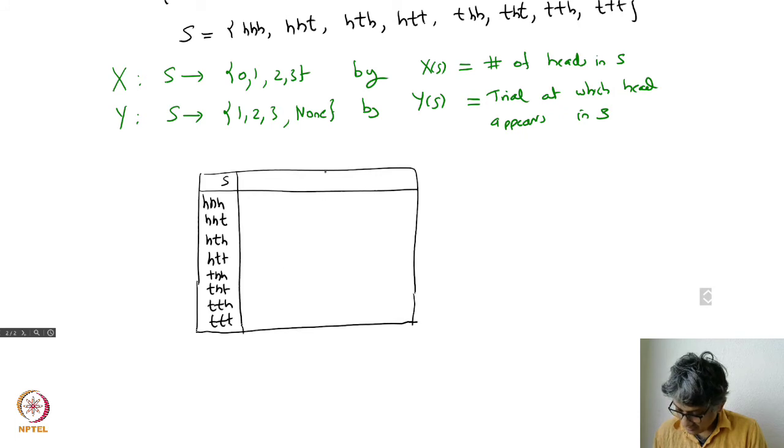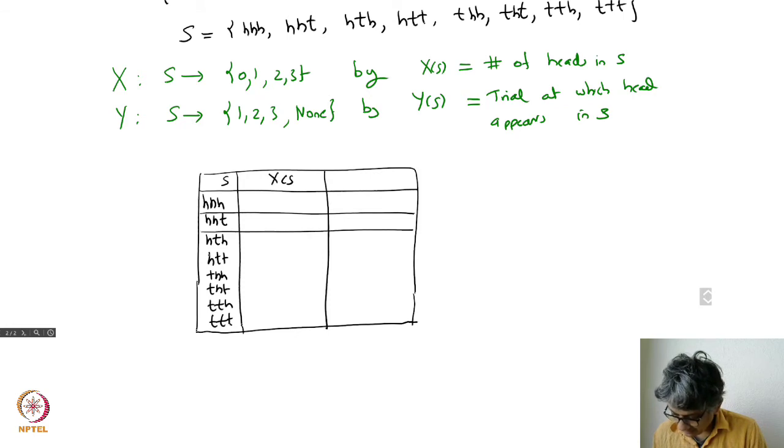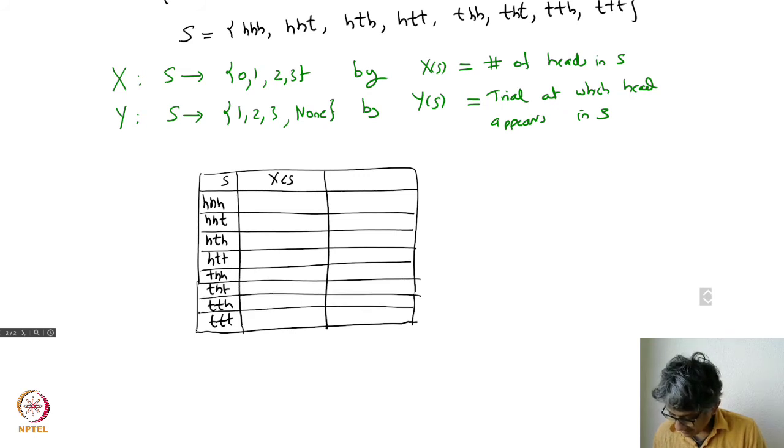Then on this one, I plot the values of x. So x of s, let's go on x of s. Then I go here and I plot the value of x of s. This is in green, like I said before, and this is y of s. Right?